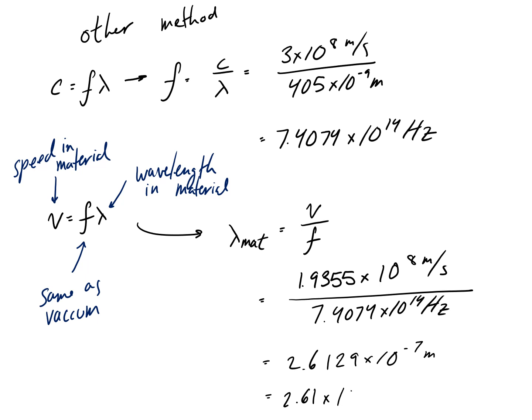We're not supposed to let that influence us, but clearly mentally I have. So we're going to have 2.61 times 10 to the negative 7 meters, or 261 nanometers. So it's the same answer. I've just gone through and done 2 steps instead of doing it in 1.